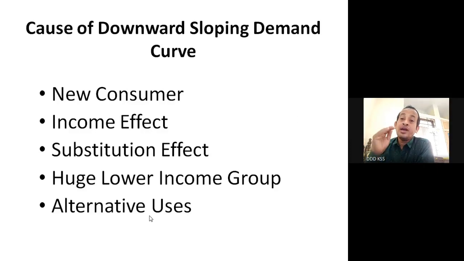Okay, so when price falls, the real income of the consumer increases. Like if the price of a good earlier was 10 rupees per kilo, now it has come down to 5.